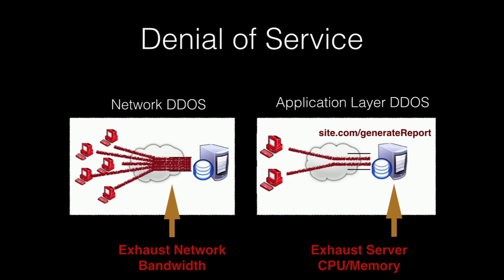And what I'll do is I'll instruct my botnet to all use that exact request. Now, if we have hundreds of requests all to generate a report at the exact same time, that CPU spikes and makes it unavailable for other operations for other users. And so this type of attack is the next thing coming down the pipe for attackers to take sites offline.